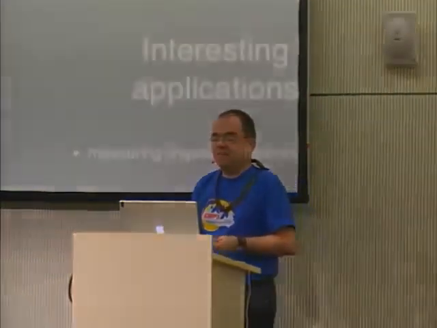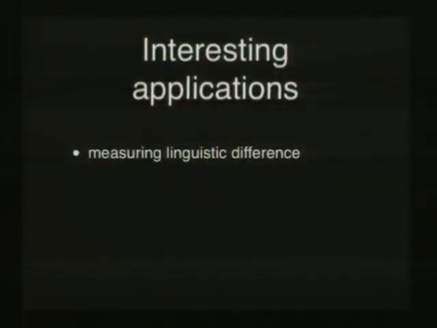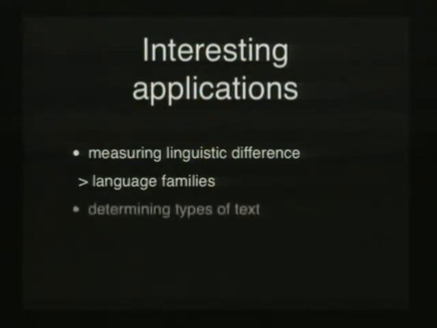And it has some very interesting applications. First of all, you can measure linguistic difference. That is, you can use this approach to get to language families, to classify languages. Another interesting approach is that you can determine types of text.